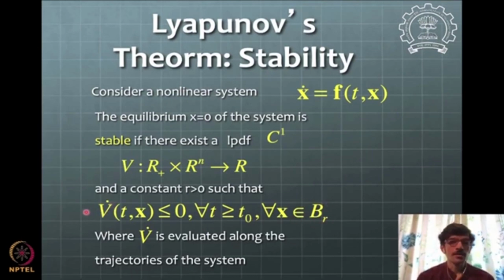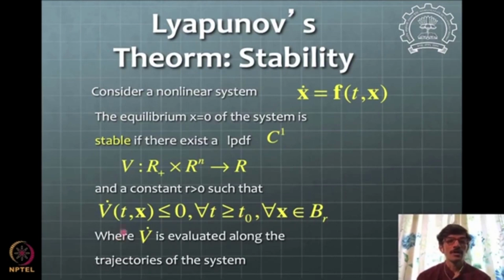So the v dot of this function, which is the Lyapunov function candidate, should be less than or equal to 0. This should be valid for all t greater than t0 and within this ball of radius r, x belonging to this ball of radius r.